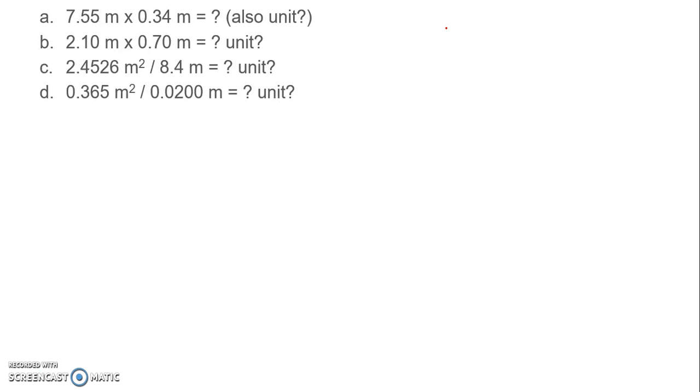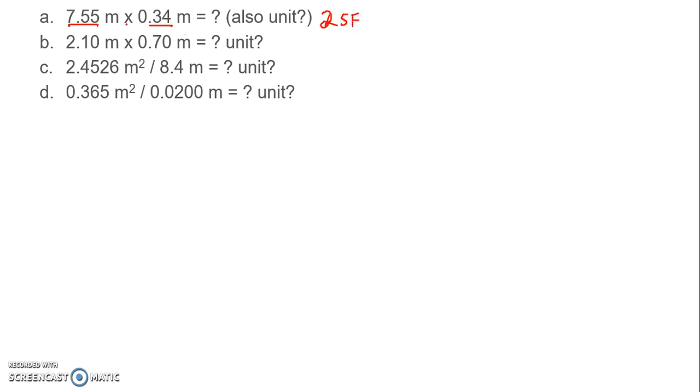For example, we have 7.55 times 0.34. How many significant figures here? We have 3. How many significant figures here? We have 2. So your final answer must be in 2 sig figs.